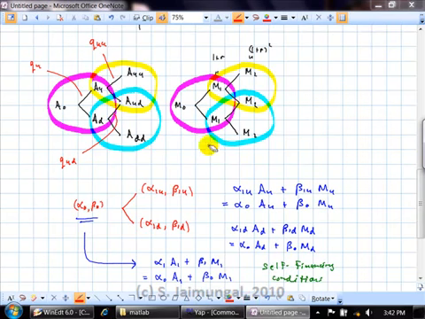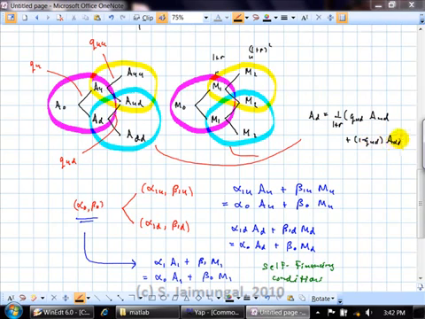How am I going to solve for the QUD? What equations would I write down? Well, I'd write down AD equals 1 over 1 plus R times (QUD AUD plus (1 minus QUD) times ADD). And I solve for QUD.